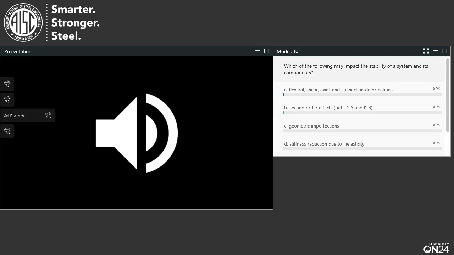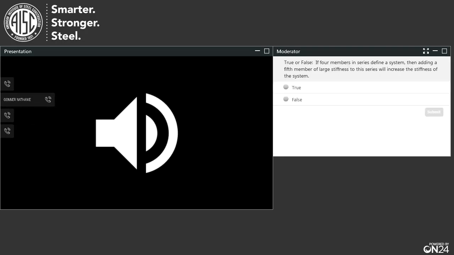All right, so let's see if the next question's any more challenging. This is a true-false statement. True or false? If 4 members in series define a system, then adding a 5th member of large stiffness to this series will increase the stiffness of the system.